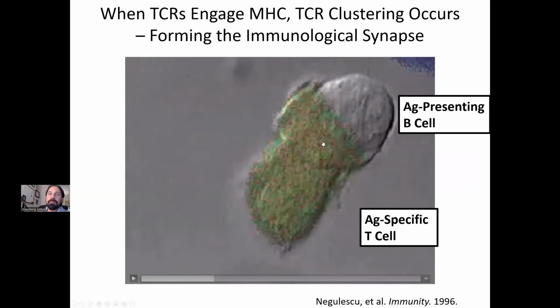And then as the plasma membranes of these 2 cells are interacting and kissing, you now have interaction between all the molecules on the antigen presenting cell, like MHC class 2, and all the molecules on the surface of the T cell, things like your T cell receptor, your CD28.